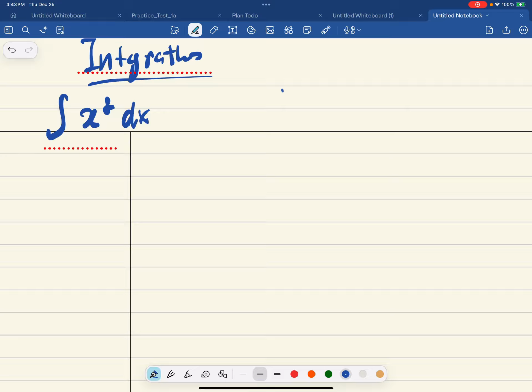Normally, if it's deriving, you bring it to the front. So 8x to the 7, because 8 minus 1 is equal to 7. You just have a new exponent, 7. That's the f prime of x.